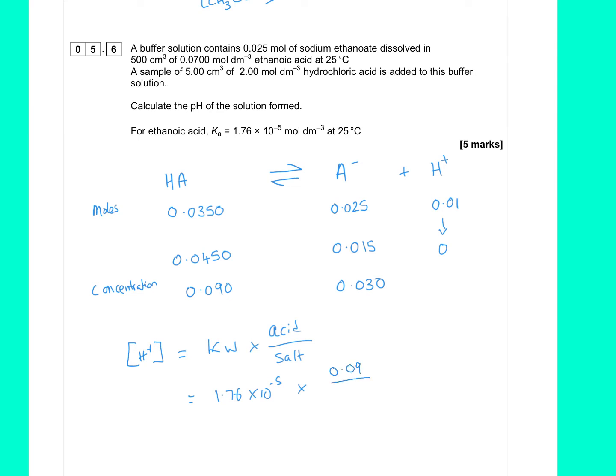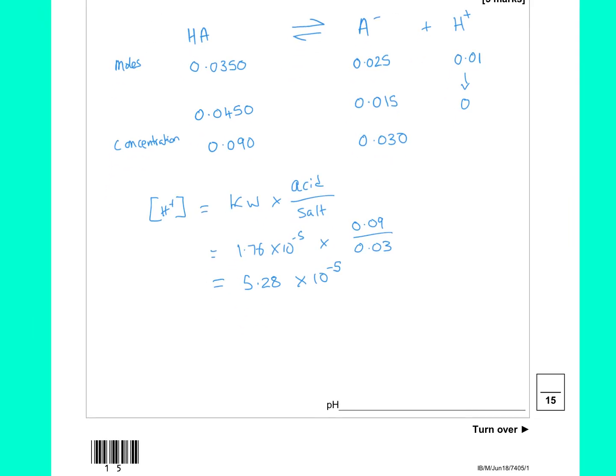So that's the same as 9 over 3, which is 3. So 1.76 times 10 to the minus 5 times 3 will be our new hydrogen ion concentration. And then to work out the pH, we use negative log to base 10.